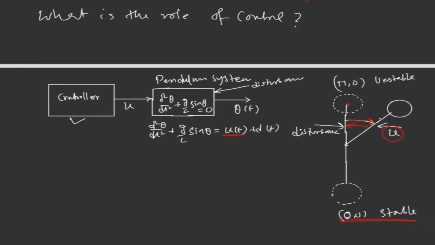Suppose the response for the stable equilibrium point is something like this for the natural system. But with the control, we can modify this response to something like this. As time proceeds, it goes to the equilibrium point. Initially, maybe there is oscillation, but with a suitably designed control algorithm, we can modify the response of the system. So that's why control plays a dominant role for any dynamical system.